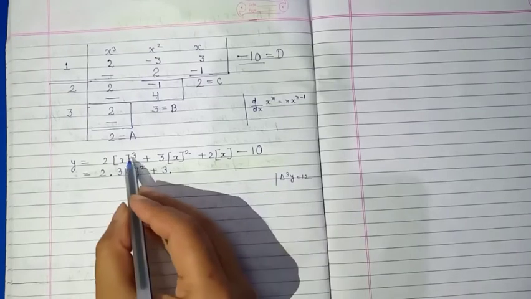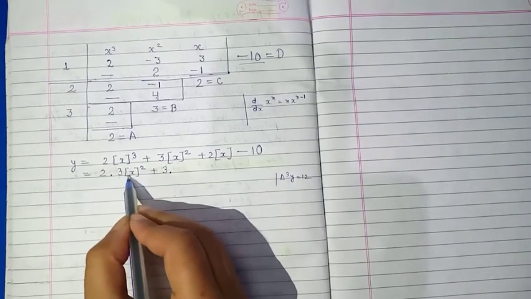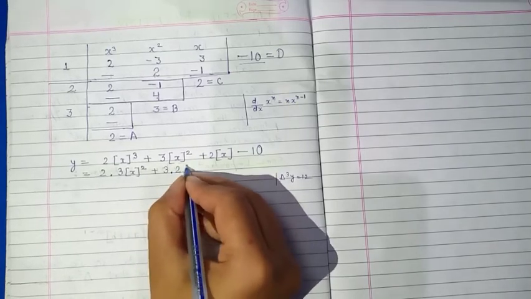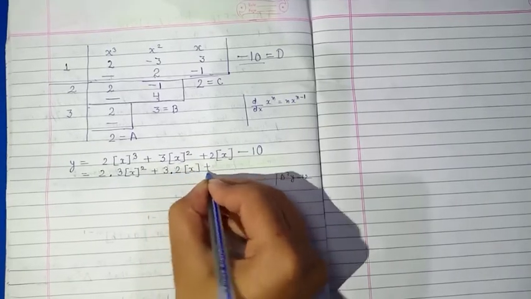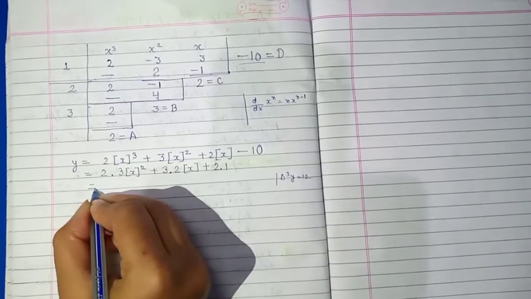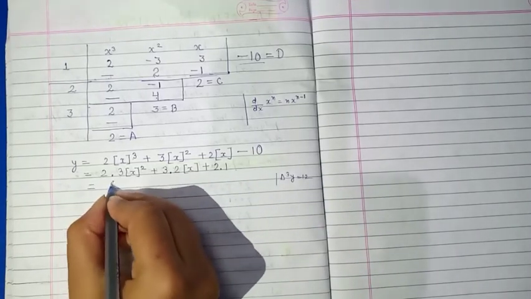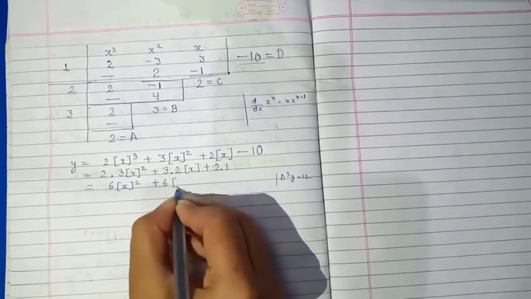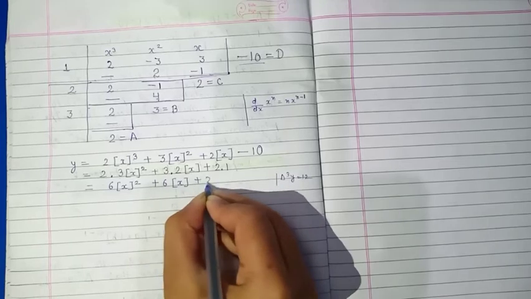So it will become, n is here 3, so 3 factorial x square plus 3 into 2 factorial x plus 2 into 1, and this one is 0. So if you do the calculation, you will get 6 factorial x square, 6 factorial x plus 2.